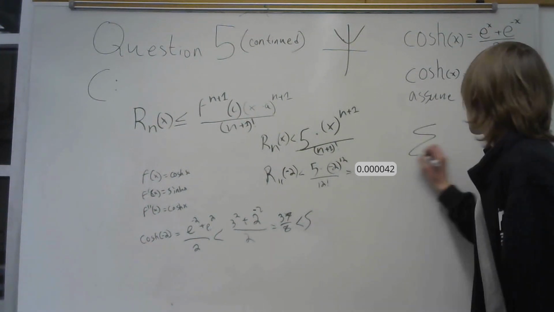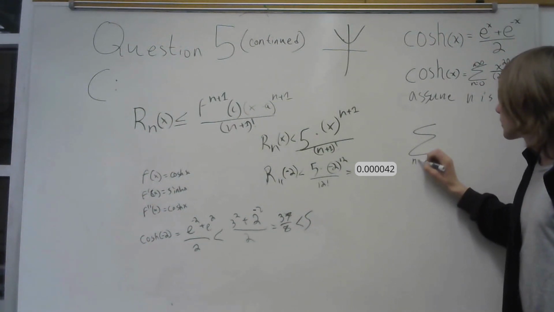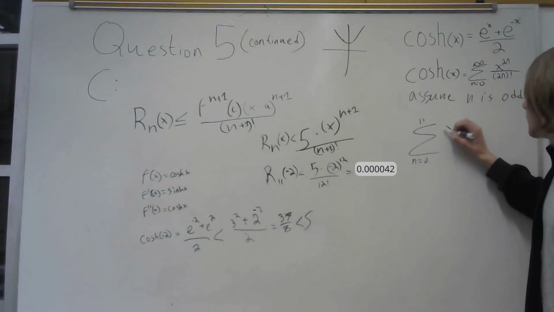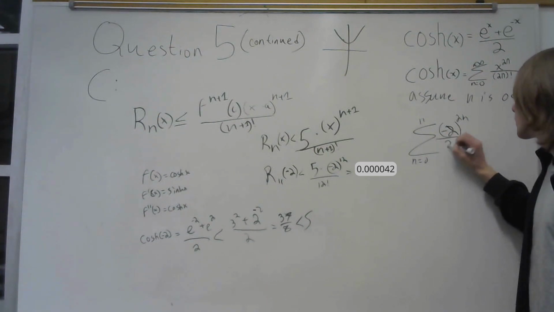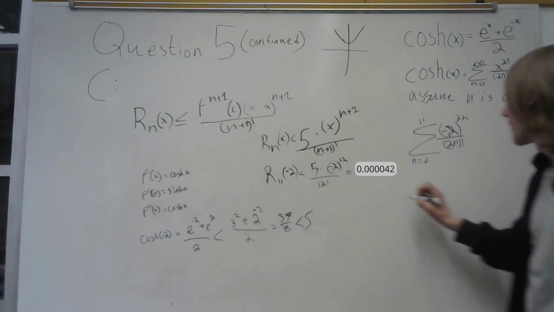And so for our final answer, the third part here, we need to figure out, going from 0 to 11, what is -2 to the 2n over 2n factorial. So let's write this series out.